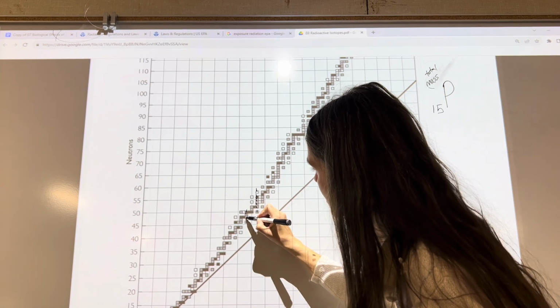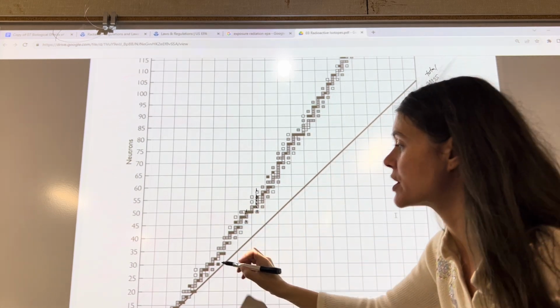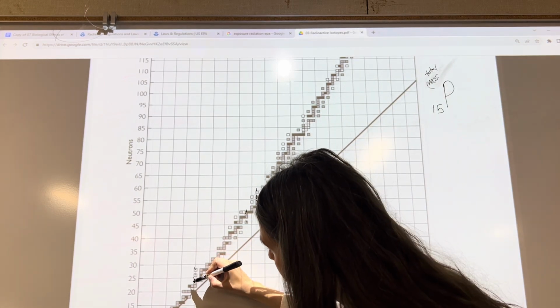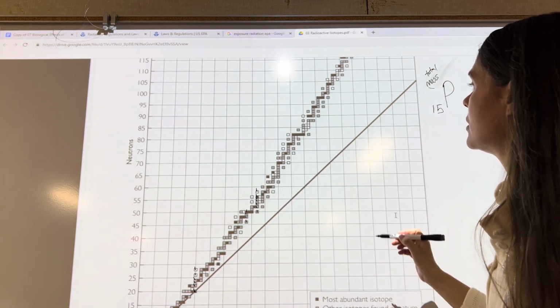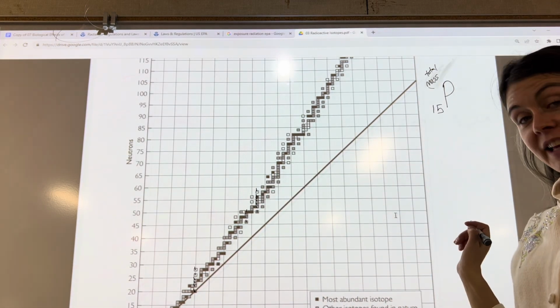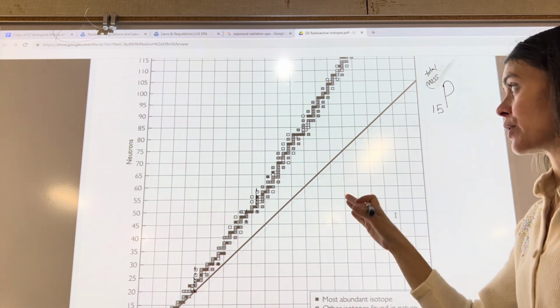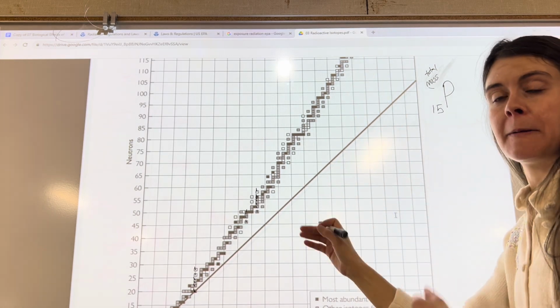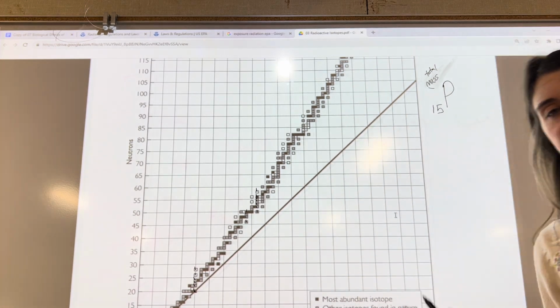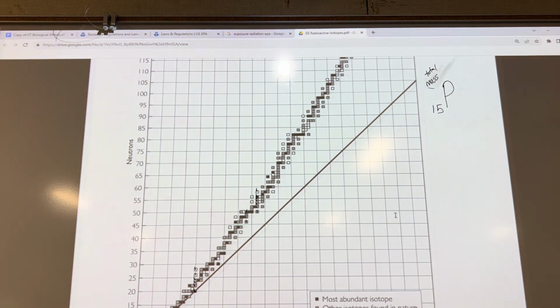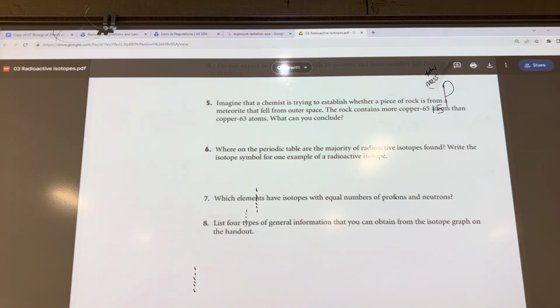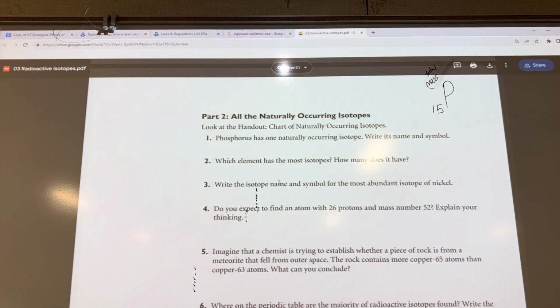Here I see 1, 2, 3, 4. So we're just looking for who has the most. 1, 2, 3, 4, 5, 6. Nope, not you. I'll let you find this one. And just reading who has the most boxes up and down, because that, yeah, for 1 proton. Hopefully you feel okay on that one.